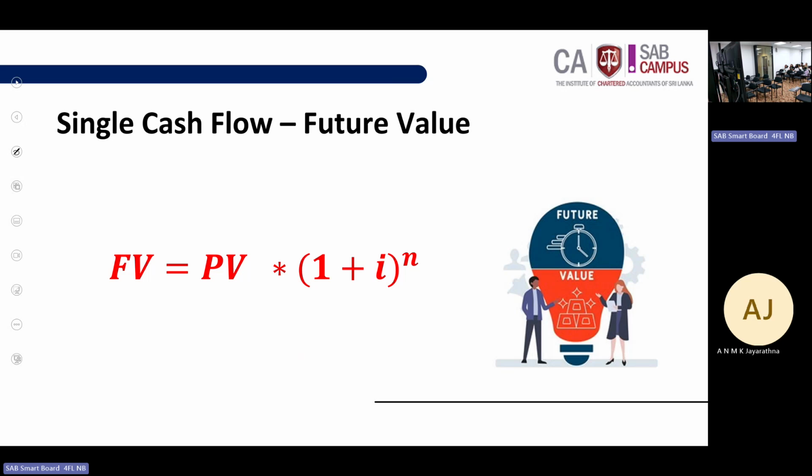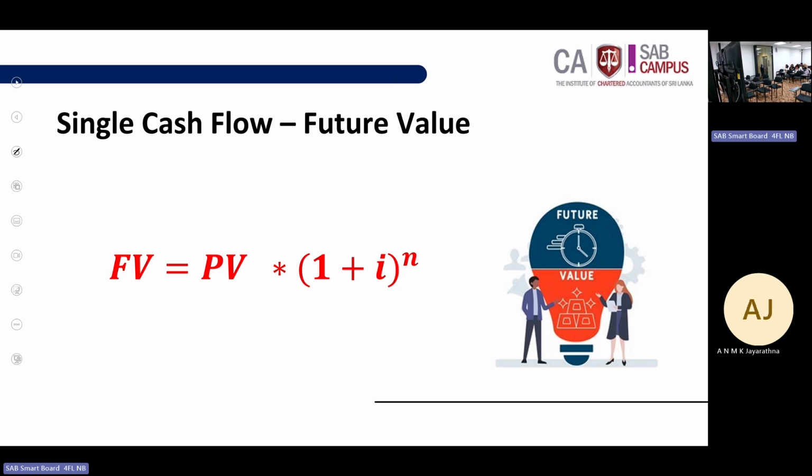Multiple cash flow is different. Today, in year 0, you invest 1 million. Then you invest again in the second year, 2 million, third year 3 million, fourth year 4 million, and the last year again 1 million.